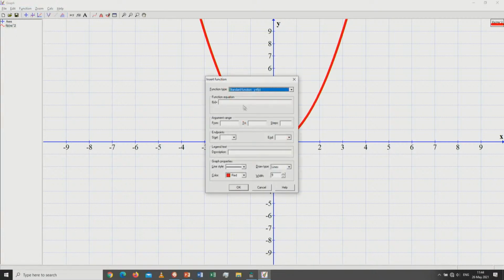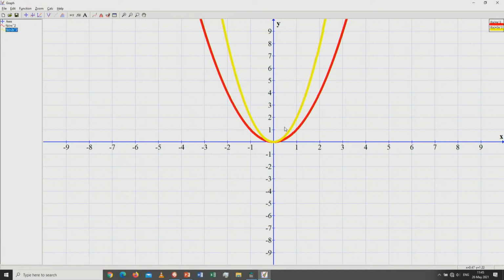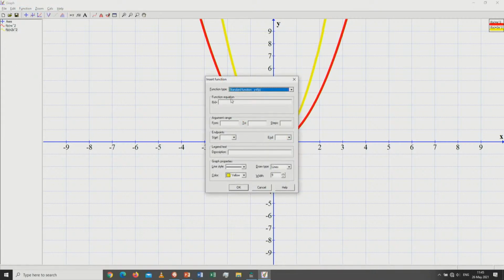The second graph now that we're going to draw will be 2x squared. Let me make it yellow. I hope it will be clear. Right, there it is. And then the other one, let me make it 5x squared.